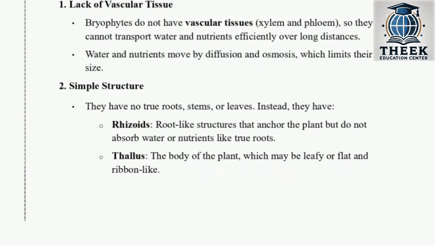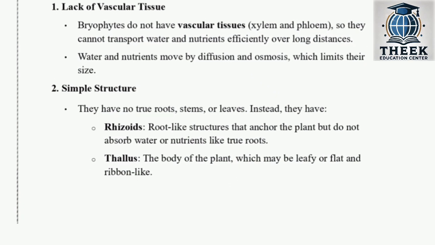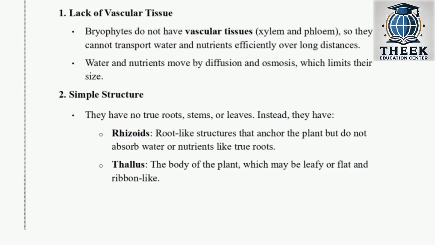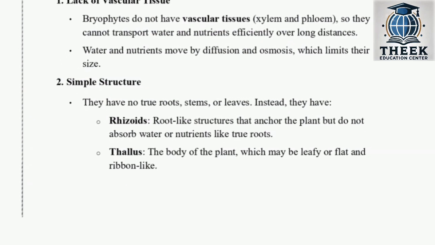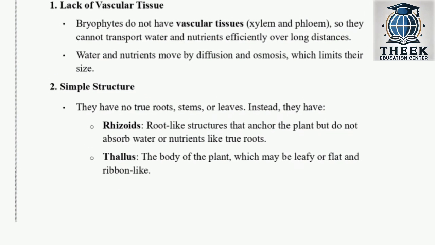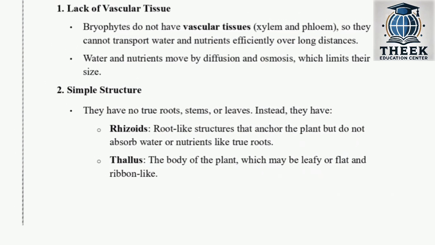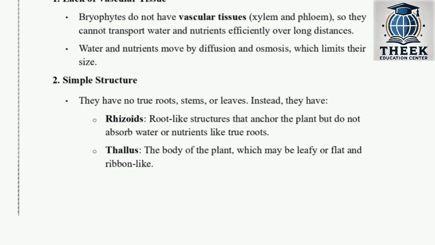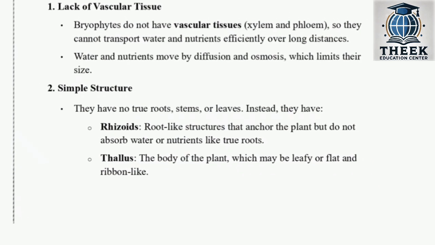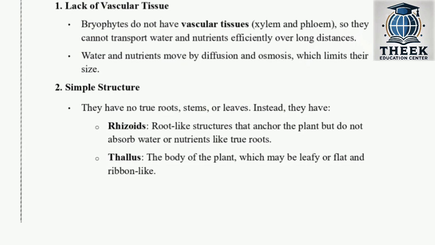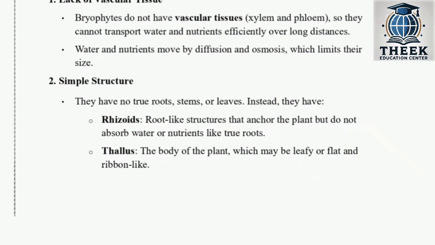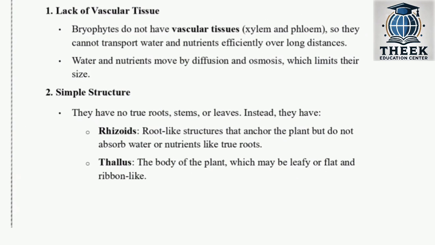Another structure of this plant is the thallus, the body of the plant, which may be leafy or flat and ribbon-like. This is a structure that represents the leaf, but it is not called the leaf, it is called the thallus.